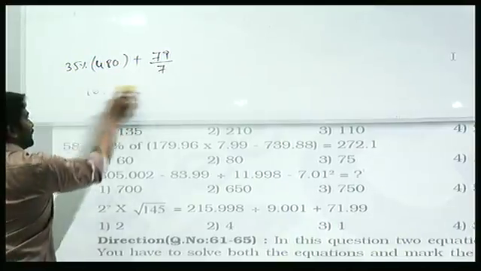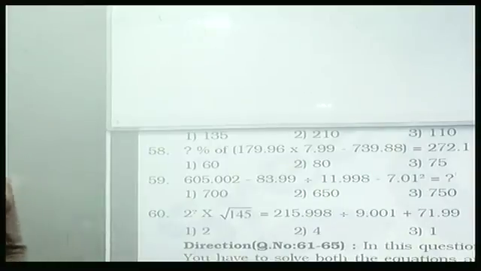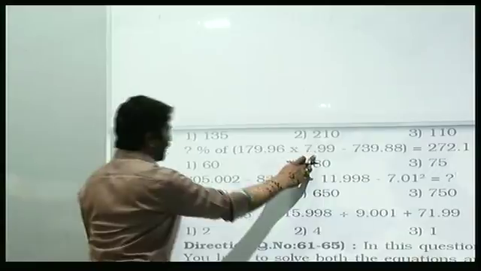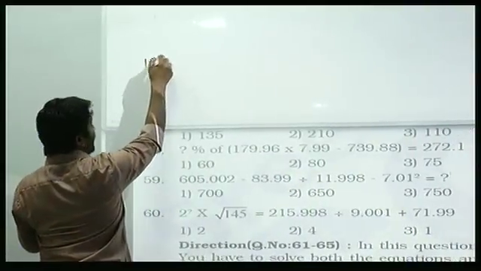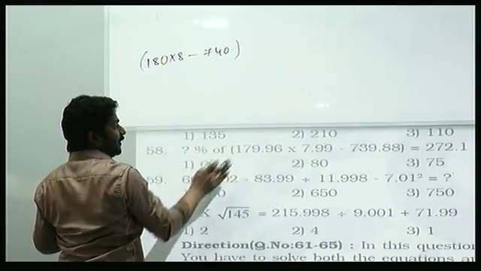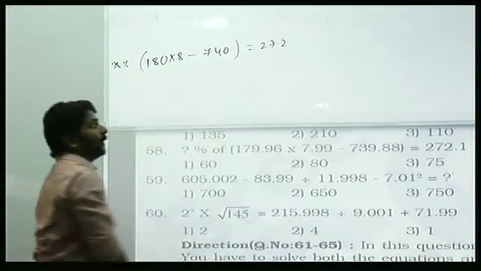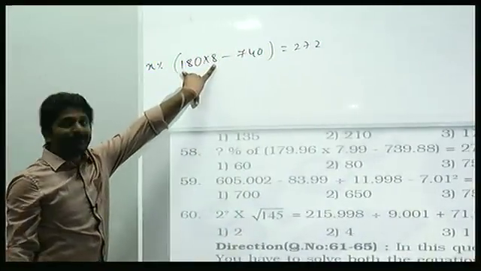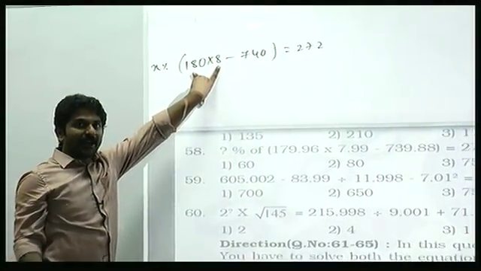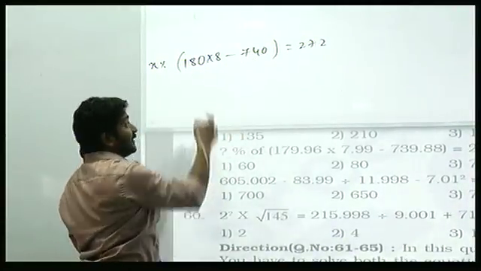Next, 58. What percent of 179, which you can treat as 180? 180 how many times? 8 times. 180 times 8, minus 740. What percent of this number is equal to 272? 800 plus 640 is 1440. 1440 minus 700 is 700.